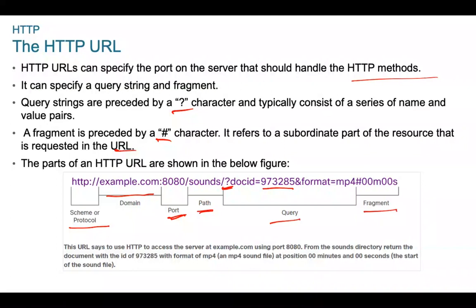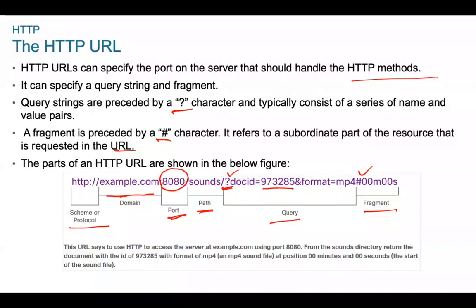The query starts with the question mark, and fragments start with the hash character. Okay, so these are the general parts of the HTTP URL of any given request from a client.